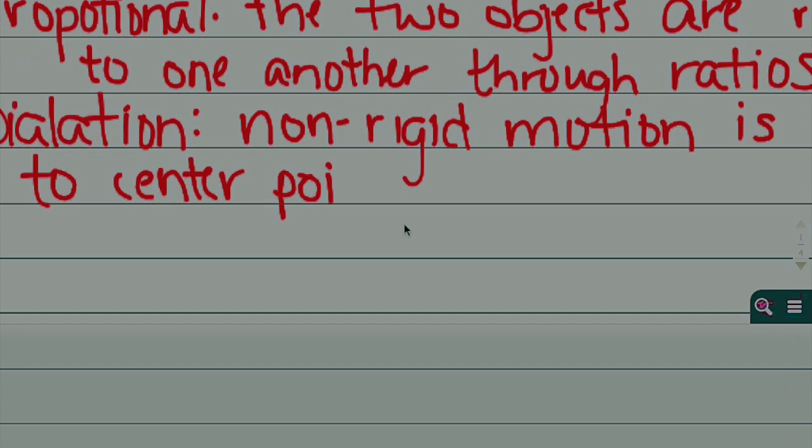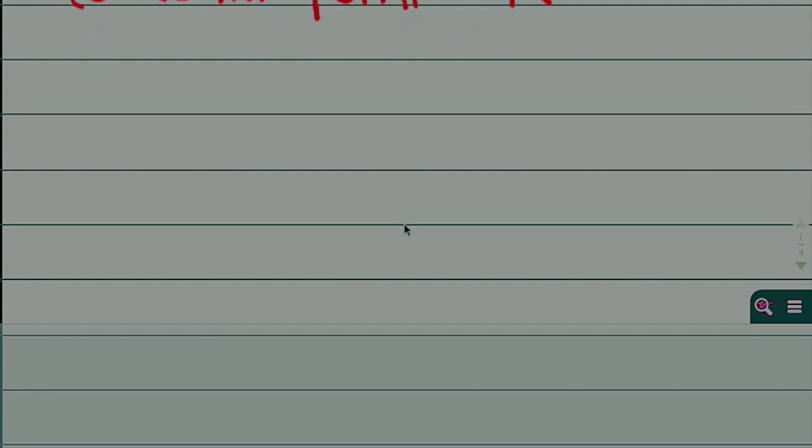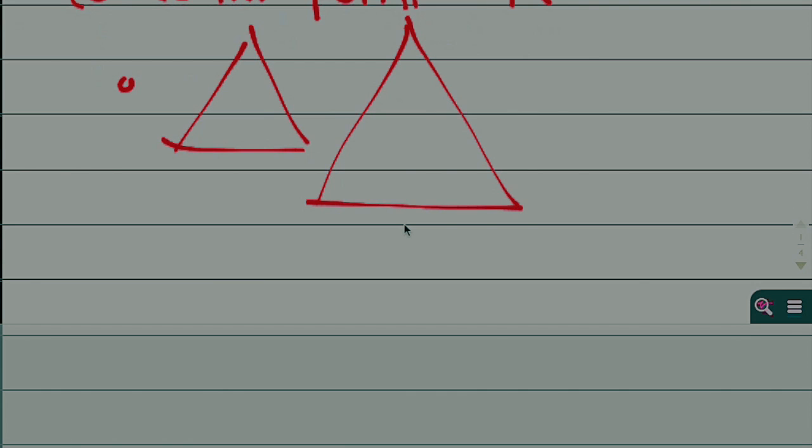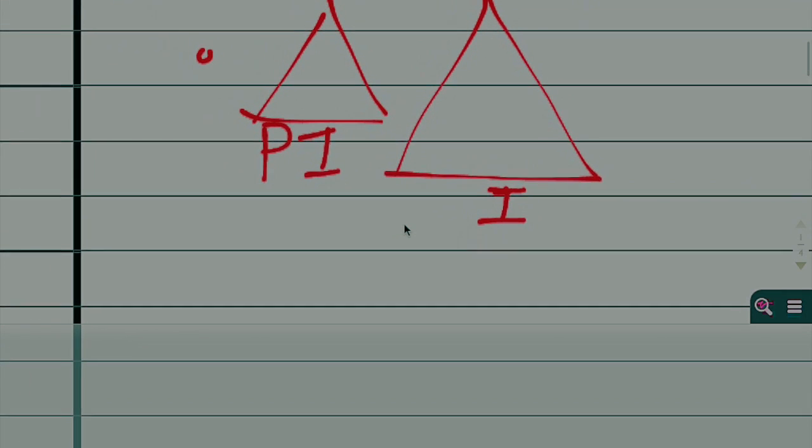In our activity, we called this R. Okay, so for example, you guys saw how it got bigger. This is your pre-image. This is your image. You can tell that your image got bigger than your pre-image, so it was dilated.